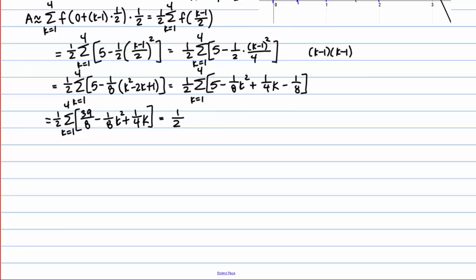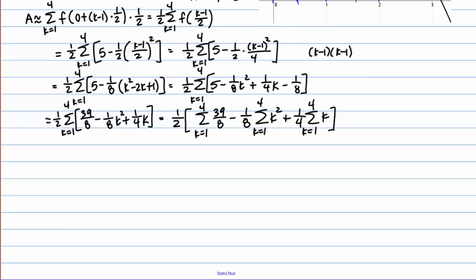But I have 3 terms in my sum, so I can split this up like this: 39 over 8 minus 1/8 times the sum of k squared plus 1/4 times the sum of k. Okay. Now I want to use my summation formulas.